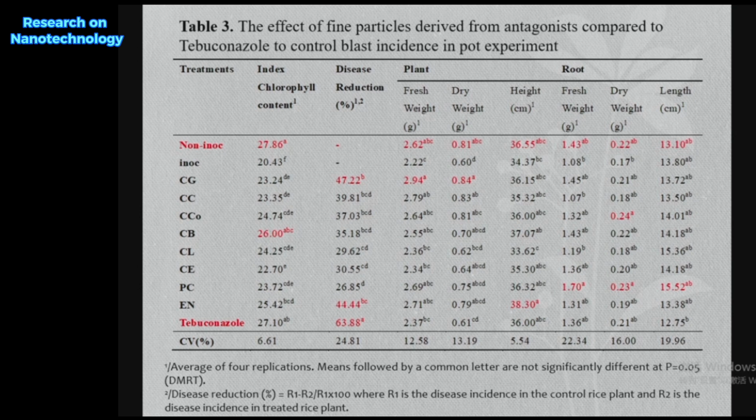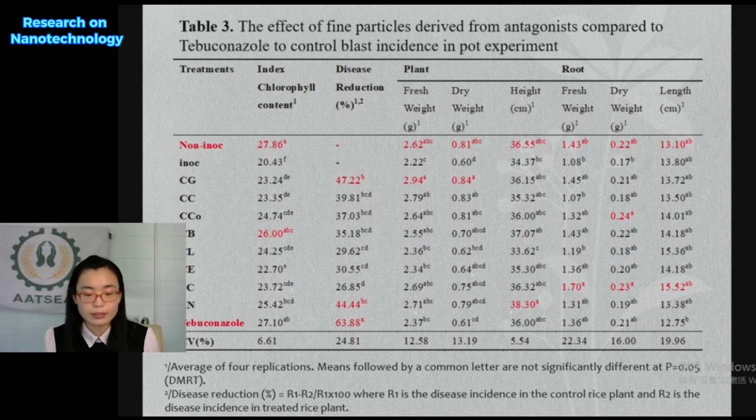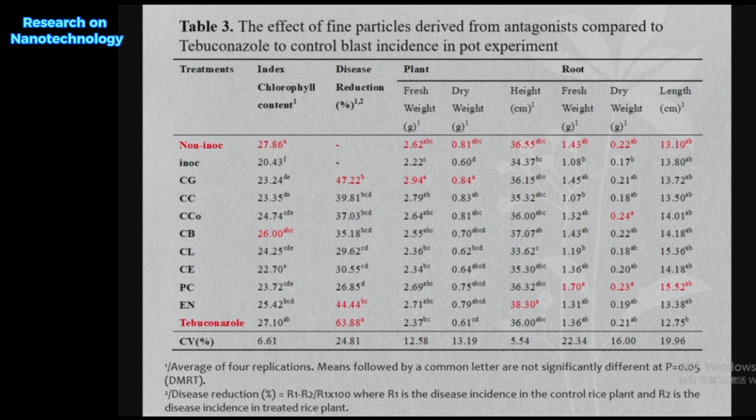We also collected other data like chlorophyll content, plant fresh weight, dry weight, and root. As we show in this table, the disease reduction for nanoparticles CG and EA is as high as 47-44%, and the chemical gave 63%.